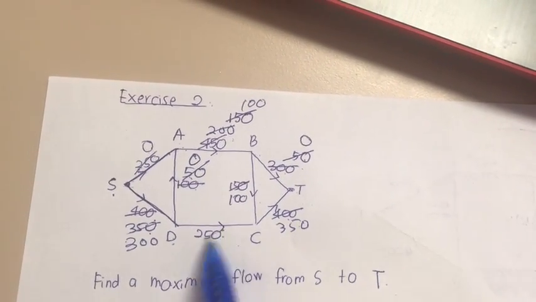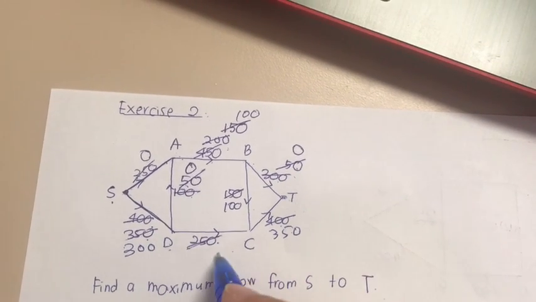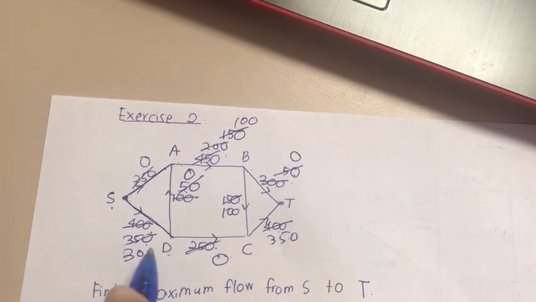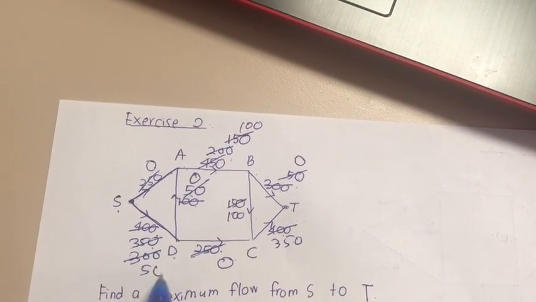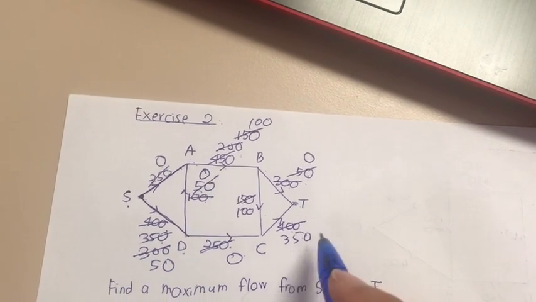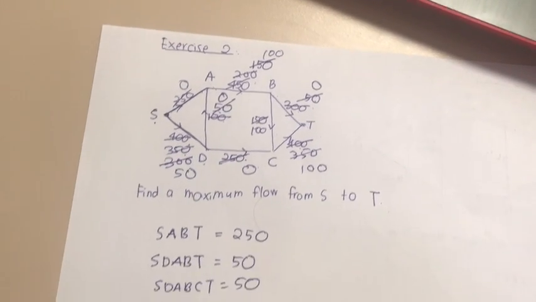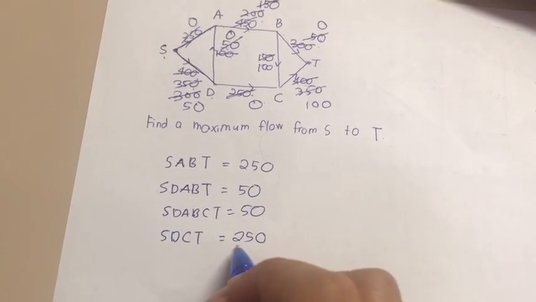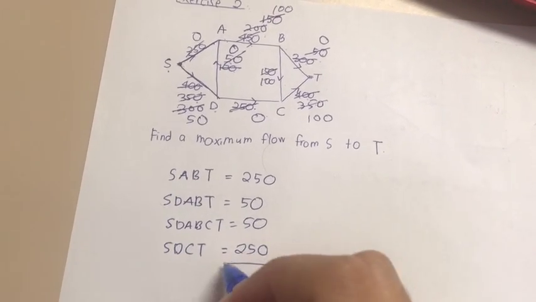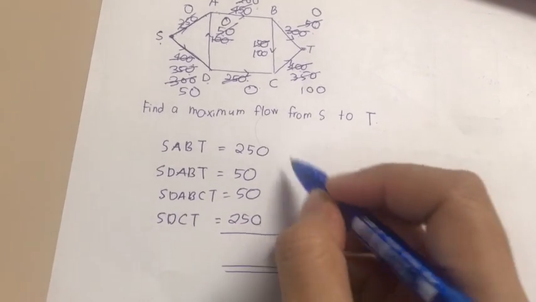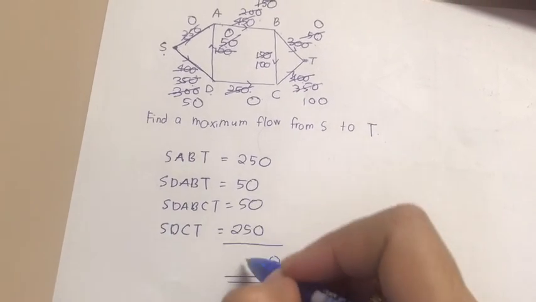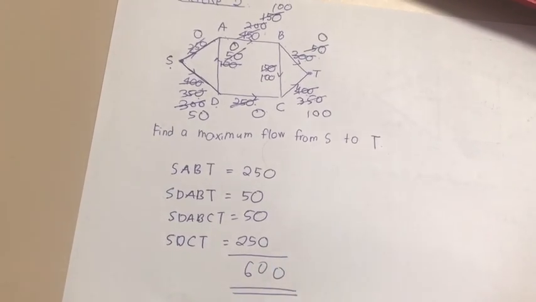We have 250. Subtracting gives 0, 50, and this one we will get 100. So the flow is 250. Totaling these up, we get 600.